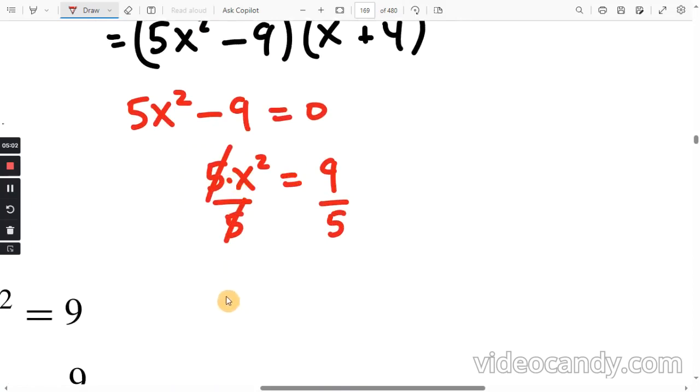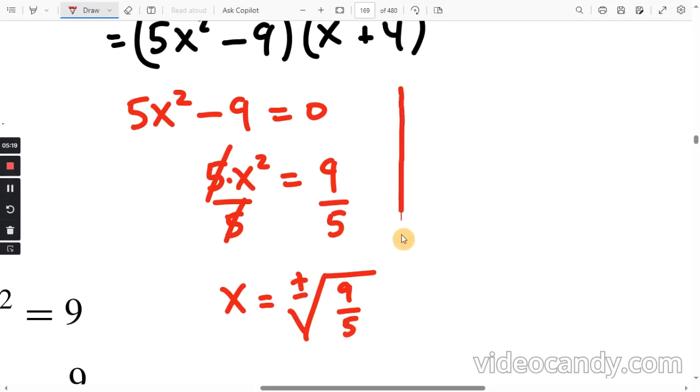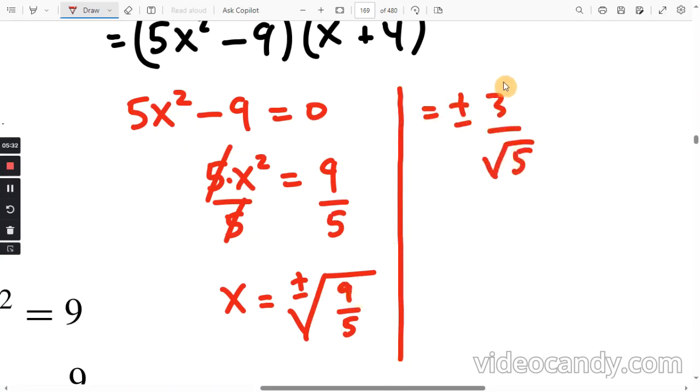If you take the square root of both sides, x is going to be radical 9/5. Okay, and when you do square root on both sides, you have to do plus minus. Let's see. Square root of 9 is just 3. So that's going to be plus or minus 3 over radical 5. Right? Because square root of 9 is just 3. Can't take the square root of 5. How do we get rid of a square root in the denominator?